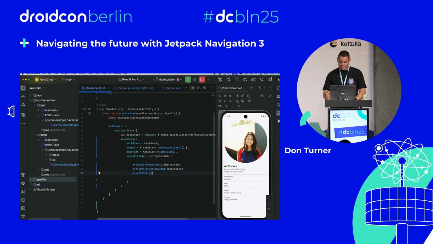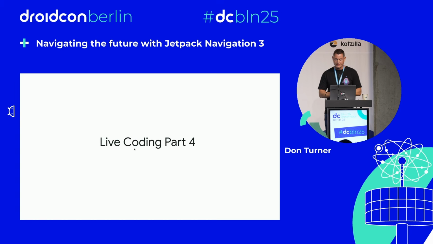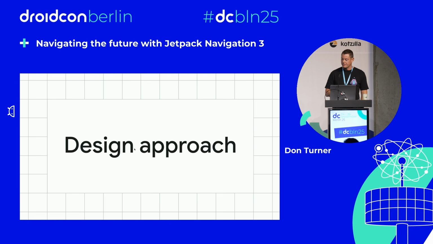OK, so talking of code recipes, I'd like to just switch back to the slides to talk about some of the other design principles that we have in Navigation 3. OK, so what we heard was that Navigation 2 is kind of a bit of a black box.